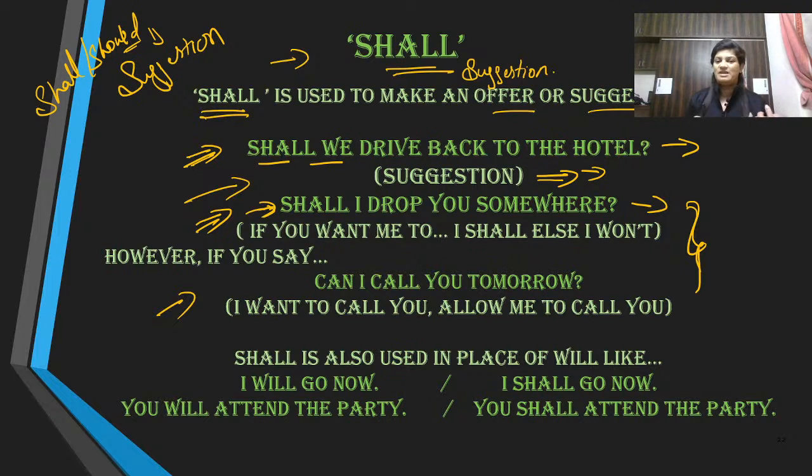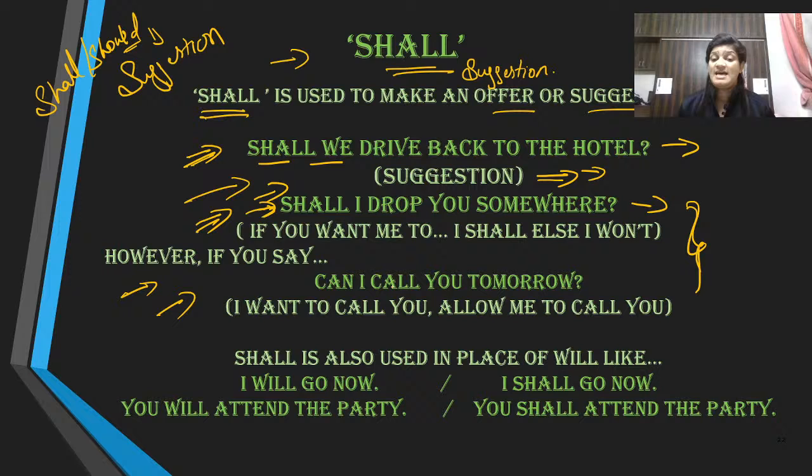But then you see the situation and you offer help. So you will say, shall I drop you somewhere? You don't want to do it, but you are offering. That's the meaning of shall I come with you? I don't want to come, but if you want me to come, I am willing. Yes, of course, Jigyasa. So that's how you use it.